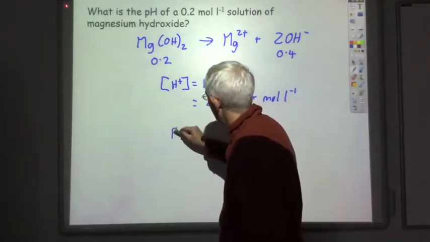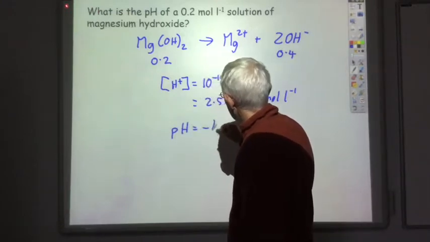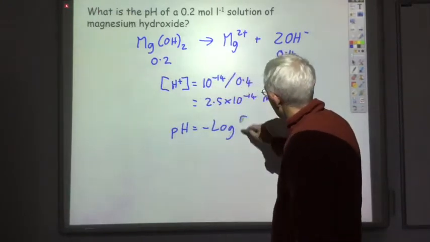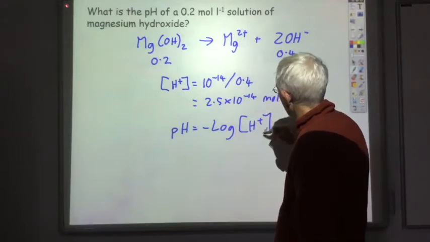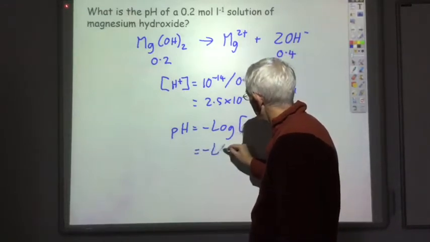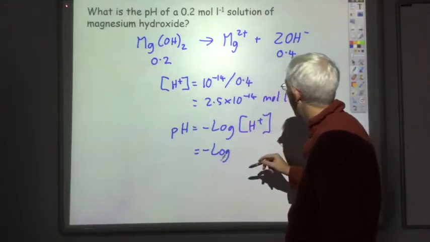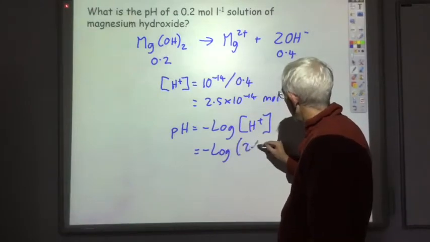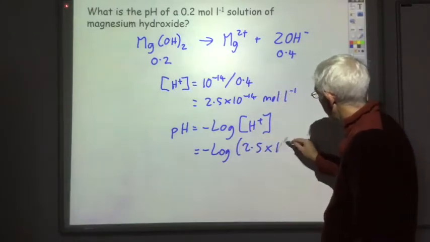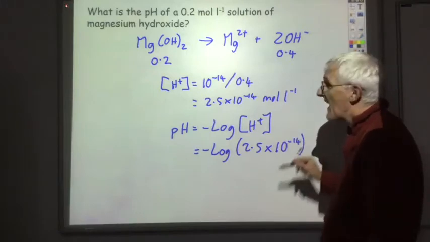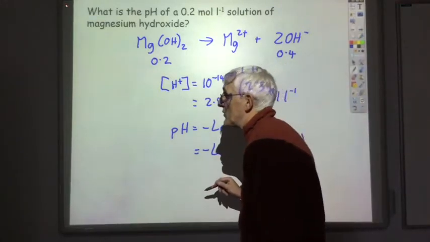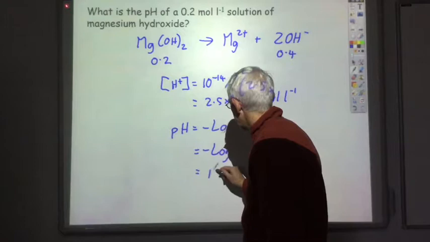Stick that into our equation. pH equals negative log H plus. So negative log of 2.5 times 10 to the minus 14, and that comes to 13.6.